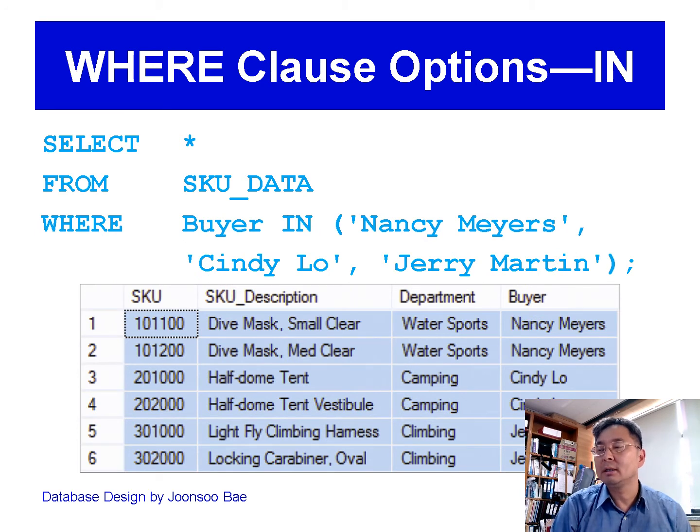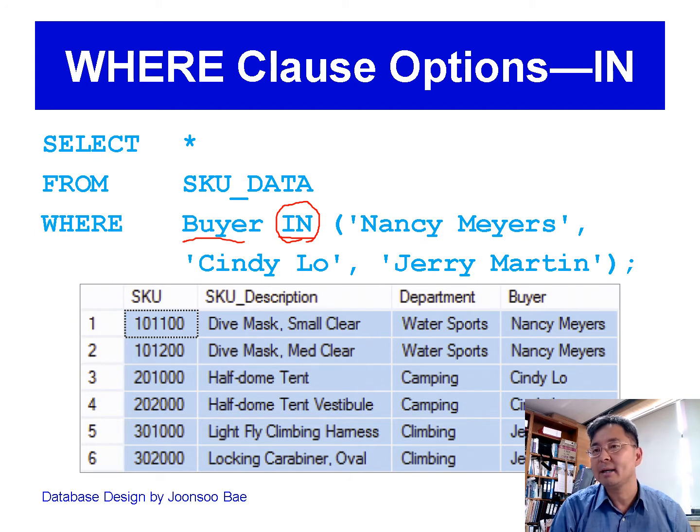And another logical operator is IN. If there are many OR operators, then we can use the IN operator instead of using many OR operators. So buyer may be IN Nancy Meyer, Cindy Lowe, and Jerry Martin.